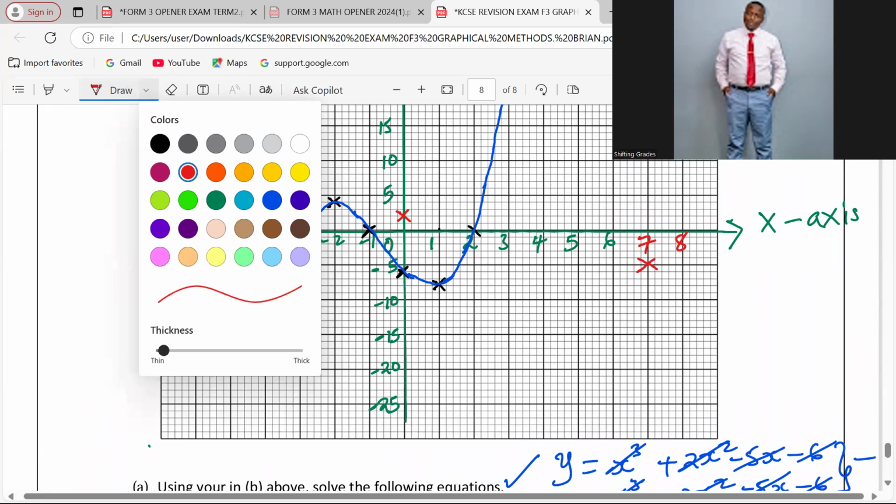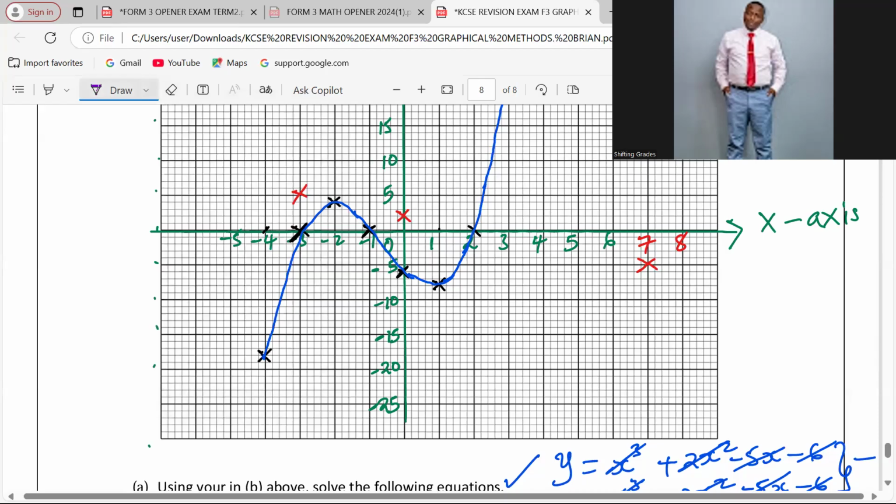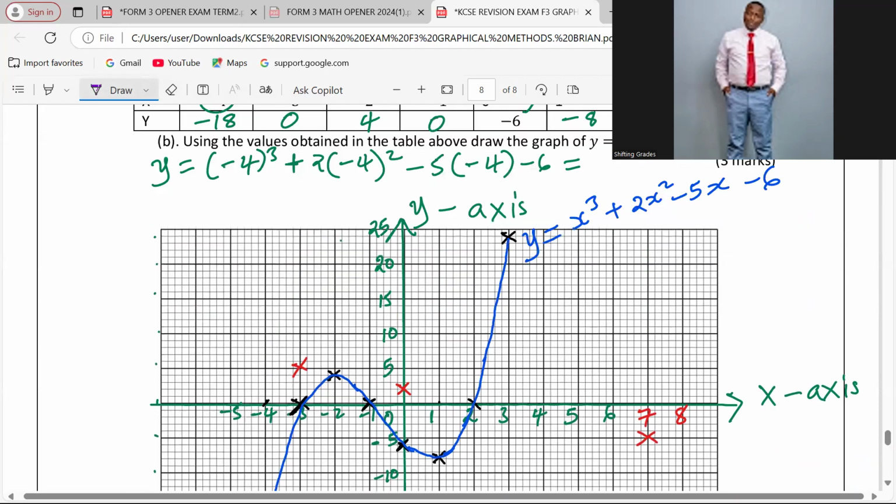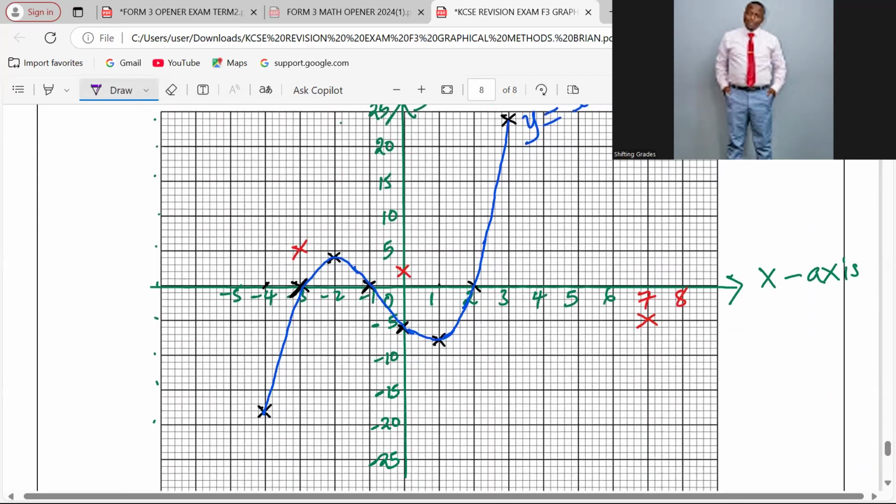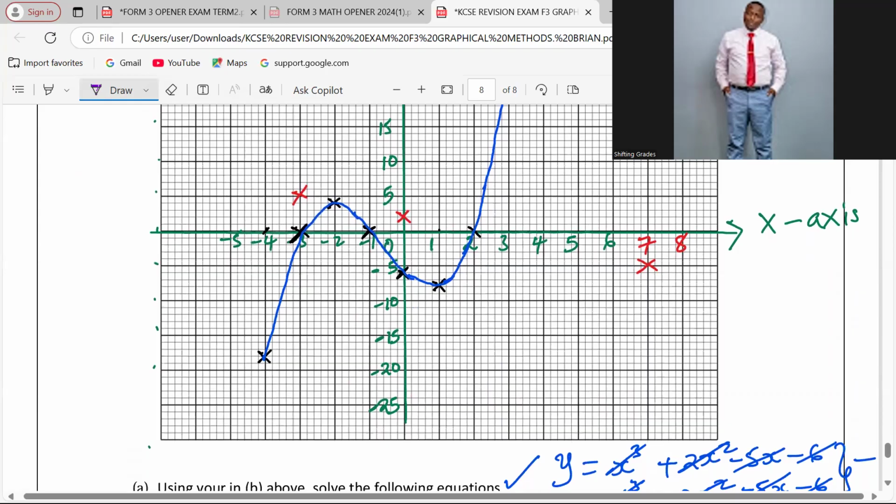You can use a different color now for the line. Let me do my straight line now. Yeah, this is now my straight line.